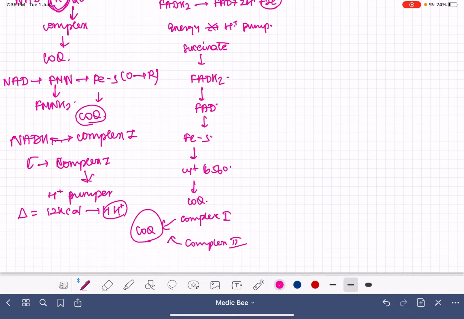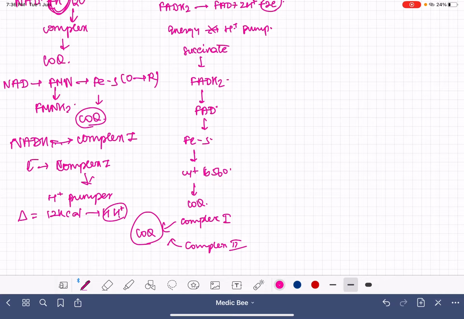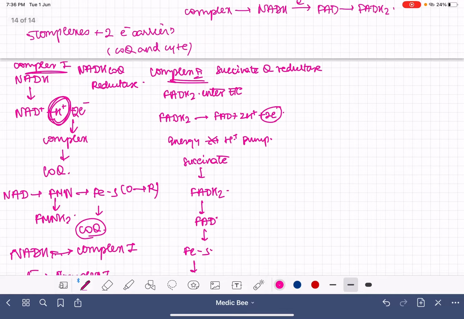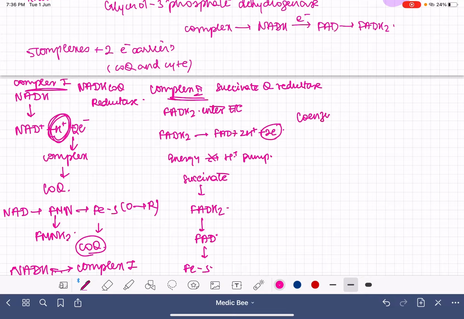We will see what is special about coenzyme Q. Coenzyme Q is a quinone derivative. It has an isoprenoid tail. Isoprenoid tails are hydrophobic, that is, lipophilic.